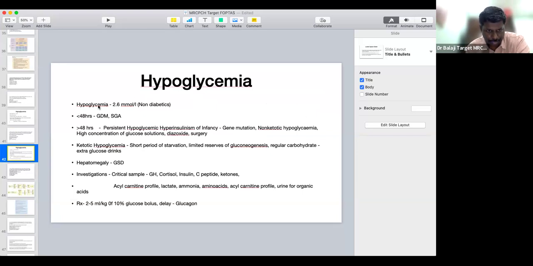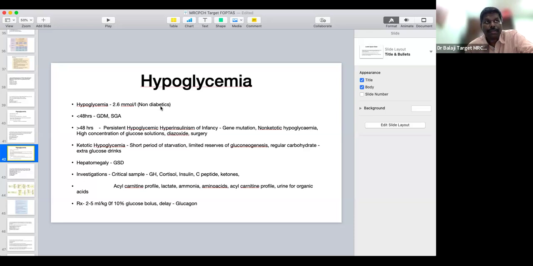Remember that in diabetes, the definition for hypoglycemia is 4 millimoles per liter, but in newborns and non-diabetics it is 2.6 millimoles per liter, which if we multiply comes to around 40 milligrams. 2.5 into 20 will be around 40 milligrams.